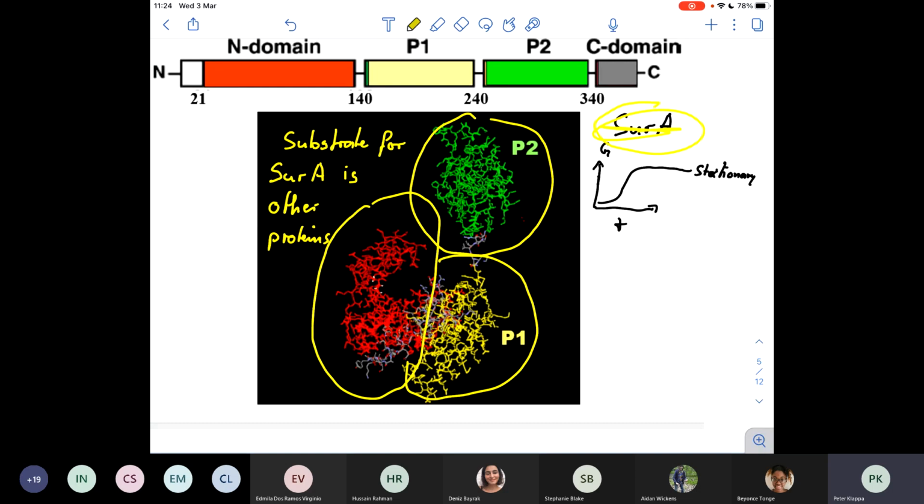And this is essential for survival in stationary phase. So we knew already that the substrate binding site in SIR-A, where the active site actually is, must be a fairly large region, because otherwise other proteins would not be able to bind just to a tiny hole in the enzyme. Does that make sense?